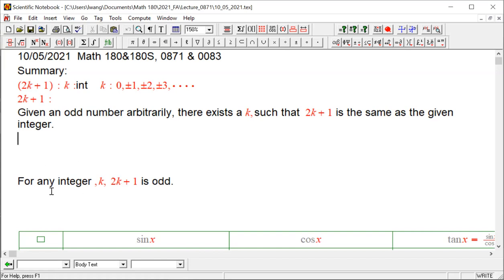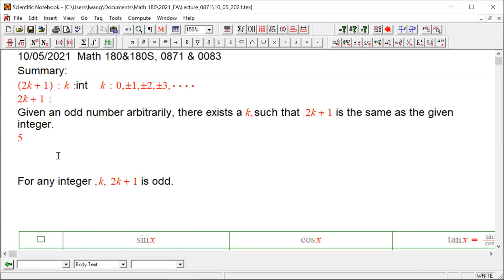Just now, Riley talked about 3 pi over 2, 5 pi over 2, 7 pi over 2, right? So let's pick up those odd numbers: 5, 7, 9, etc. Say I give you the integer 5. Can I write 5 in the form of 2k plus 1?